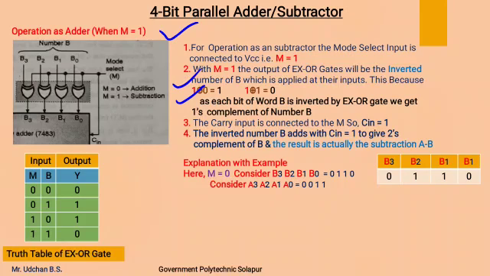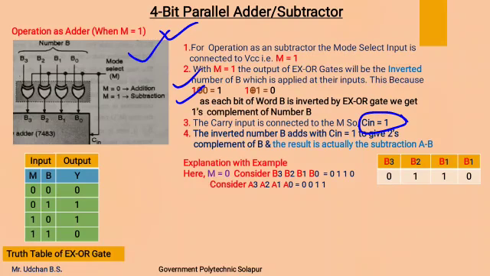Now before that, keep in mind that this circuit is going to act as a subtractor using the 2's complement method, in which we have to find out the 2's complement of the number which is to be subtracted. The same procedure is going to be followed by this circuit. The carry input is connected to m, so that carry input now becomes 1, as we made mode select input 1.